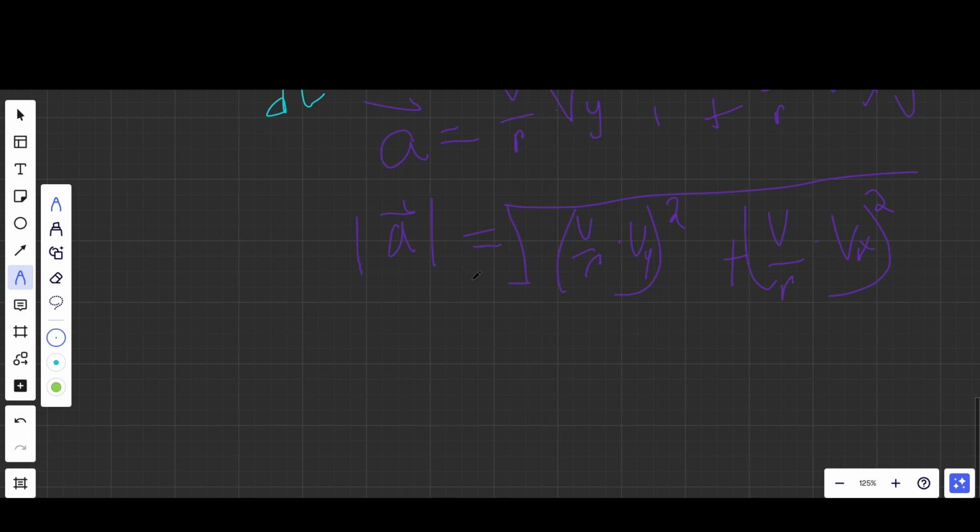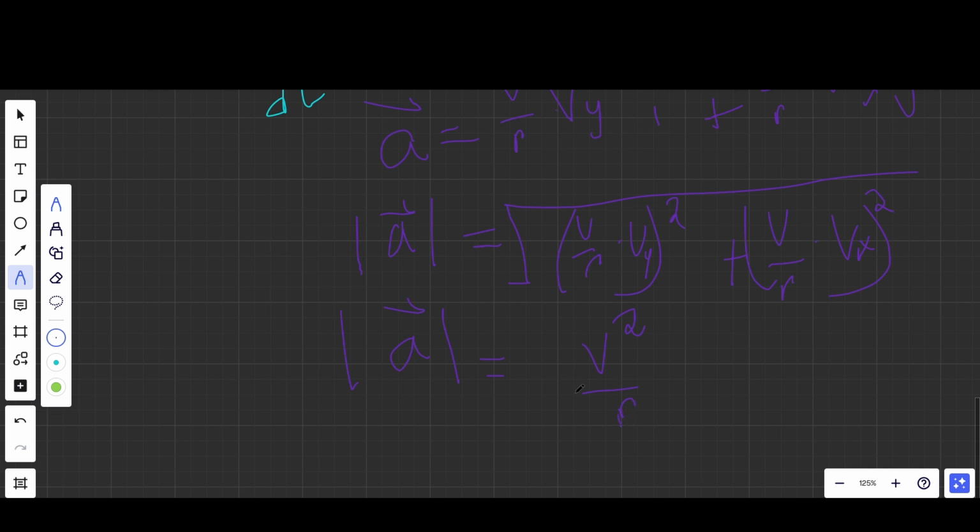At the end, we take the square root, and there's a square, so the square on R will be gone. So what we get is V squared over R, the same thing that I showed you before.